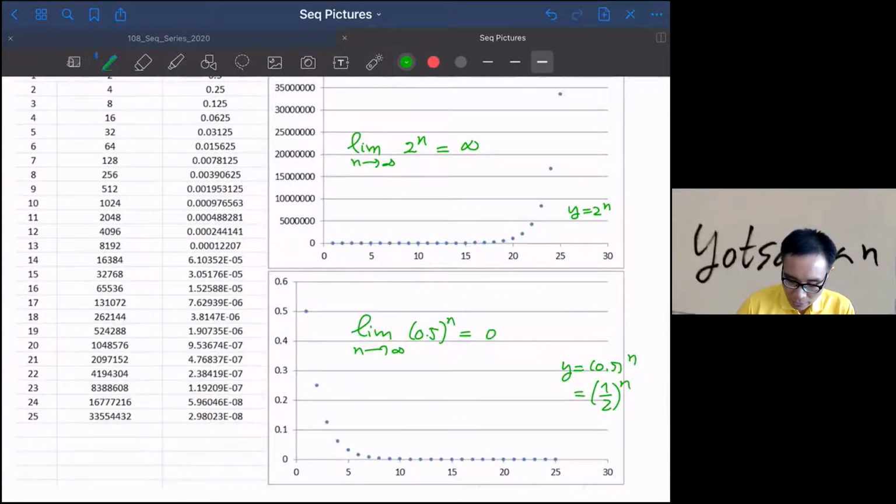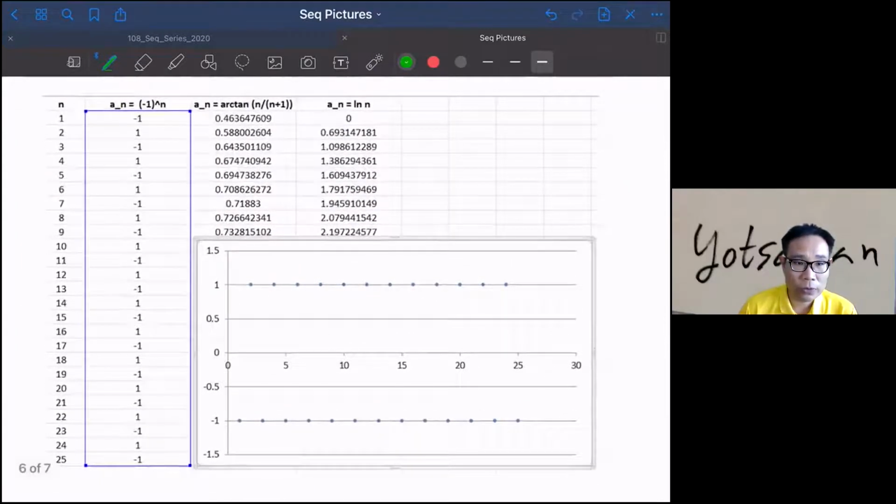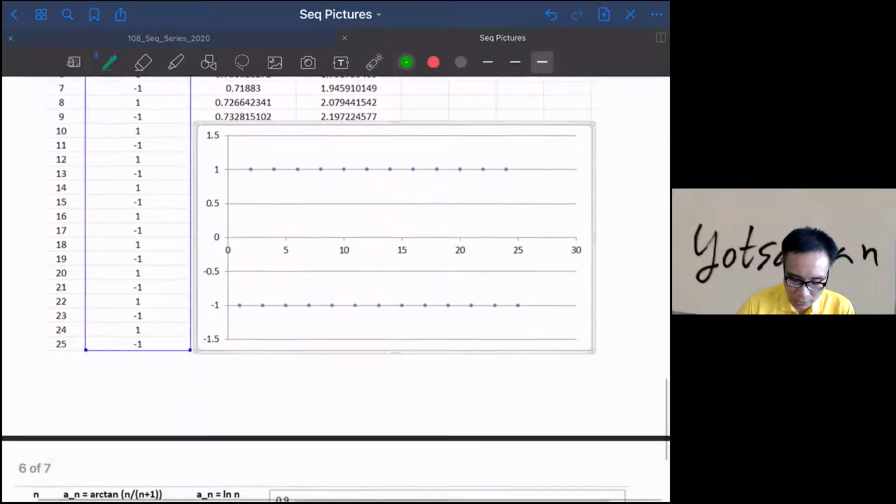And you have the limit as n goes to infinity of (-1) to the n. For this one, you see that it alternates up and down. When n equals 1, it's going to be -1.